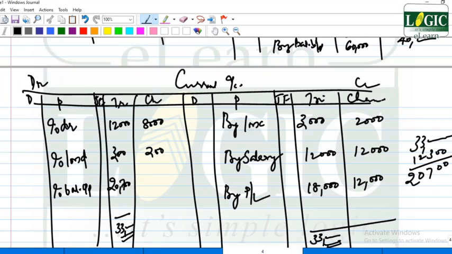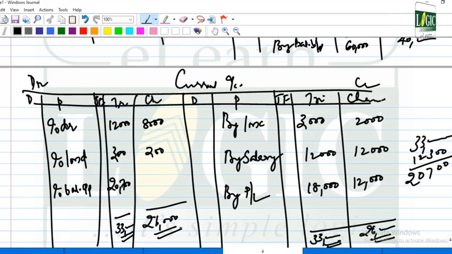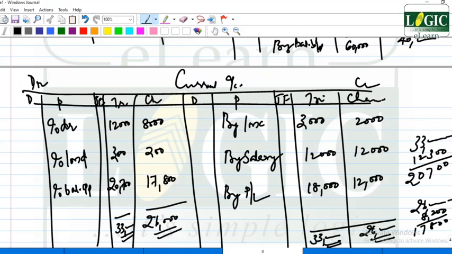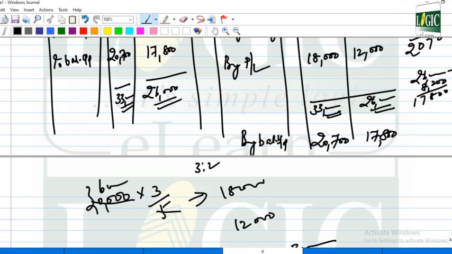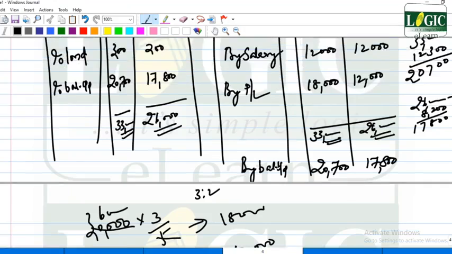Now what about here? 26,000 is the total, heavier total. So heavier total on both sides. So here what is the difference? 26,000 minus 8,200, 17,800. Now what happens? You will have to bring it down by balance brought down, 20,700, 17,800. So just see what is happening.